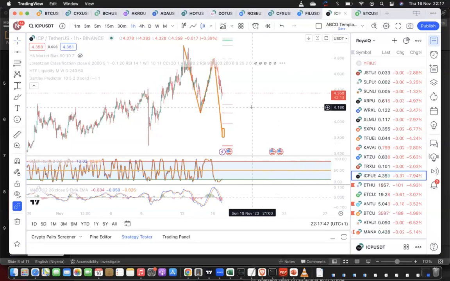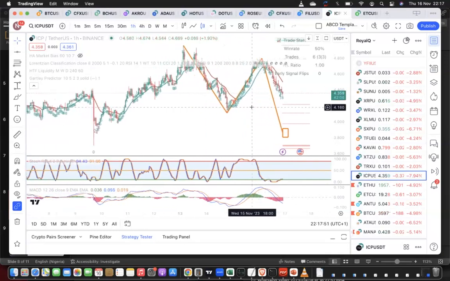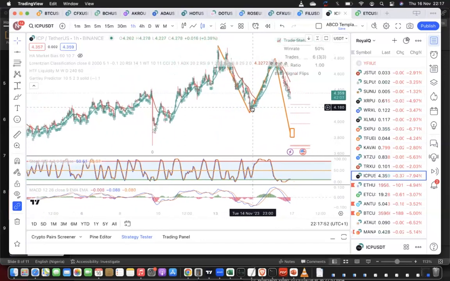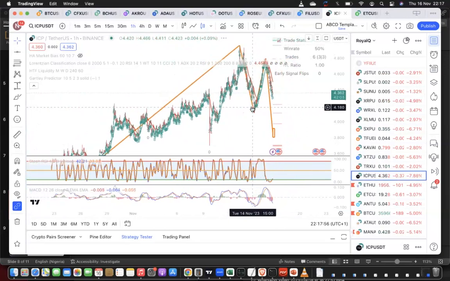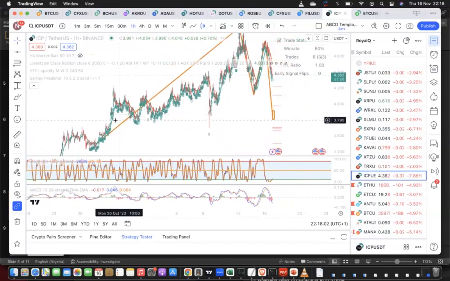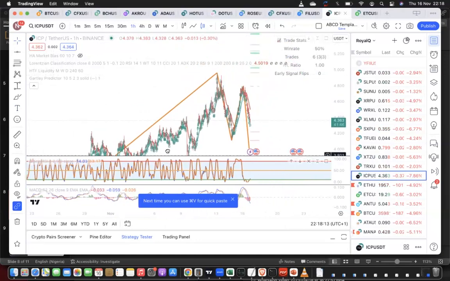So here we have ICP. What kind of Gartley is this now? It looks like the M Gartley. Sometimes before you see the Gartley shape, you might need to move your cursor around and zoom in a little bit on your chart. So this is point X. This is high level stuff for trading.